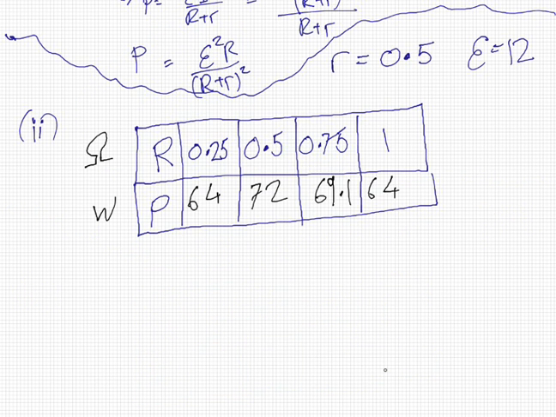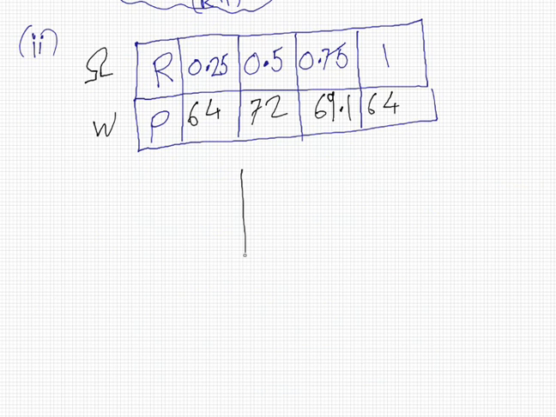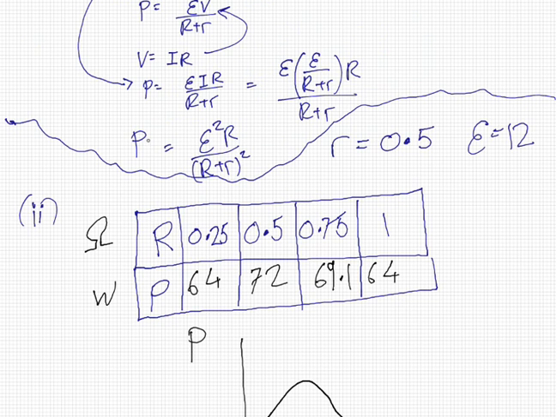So if I was to make a graph here of power and resistance, it would go up, wouldn't it? And then come back down. Why is that? Well, it will start from 0. Wouldn't it be if you put R as 0, you get P as 0?